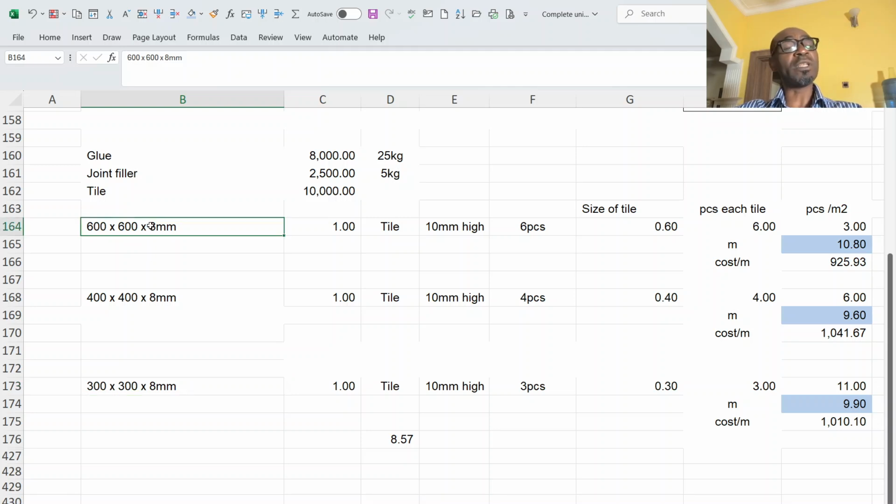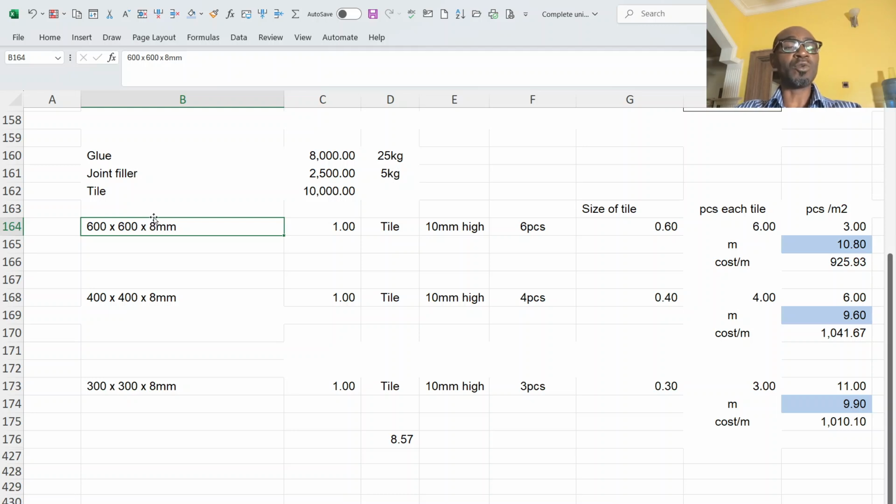If these tiles are coming in 60 by 60, depending on the preference of the client, he may want his skirting to be 80 centimeter height or 70, which is the normal factory skirting you can see in most public buildings.